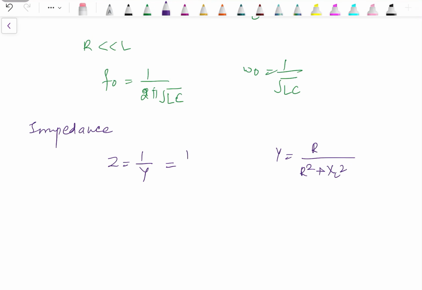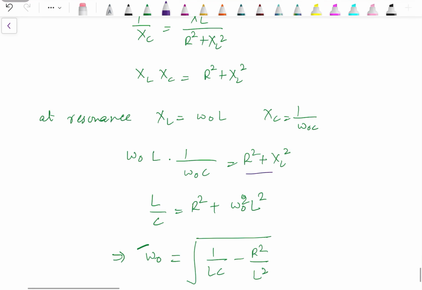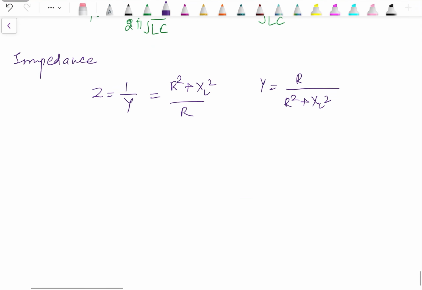So Z becomes R square plus XL square upon R. Also, we had seen that at resonance R square plus XL square is equal to XL into XC, which is equal to L by C. So let's use that value over here.